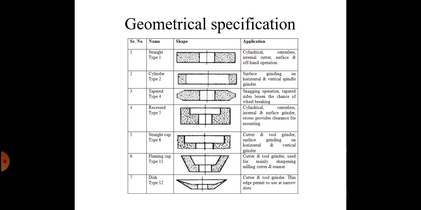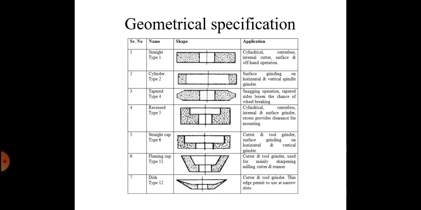Next type is recessed. The figure is shown here. This type of recessed grinding wheel is used for cylindrical as well as centerless, internal and external surface grinding.